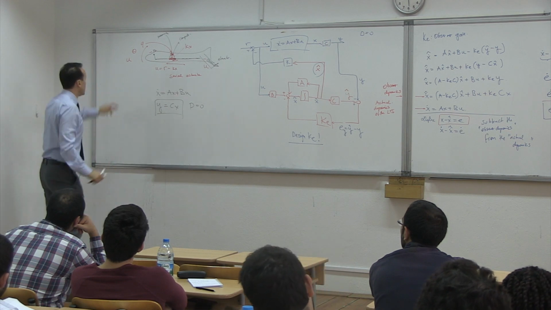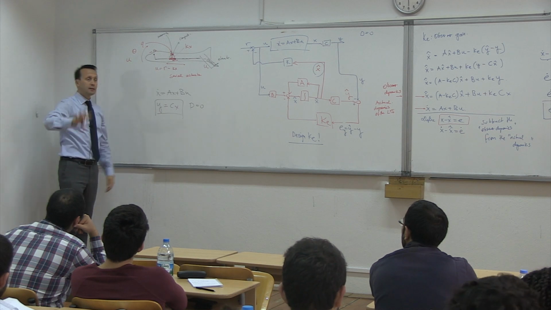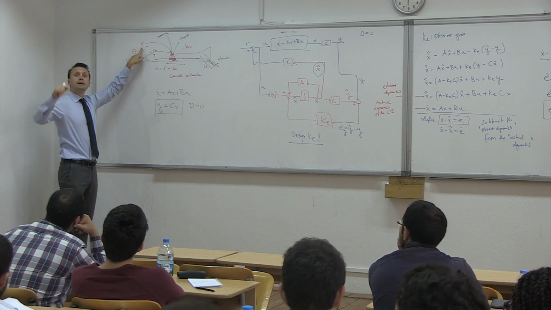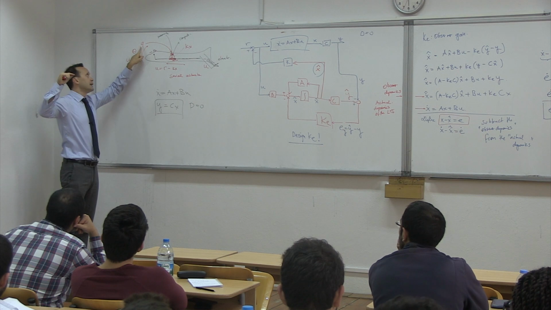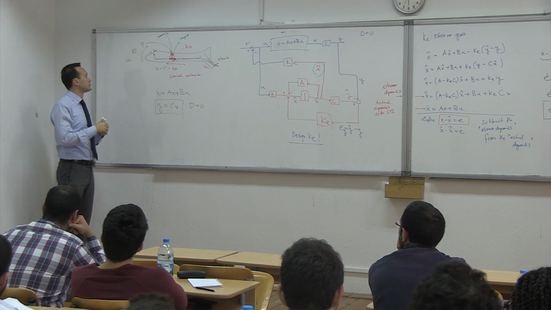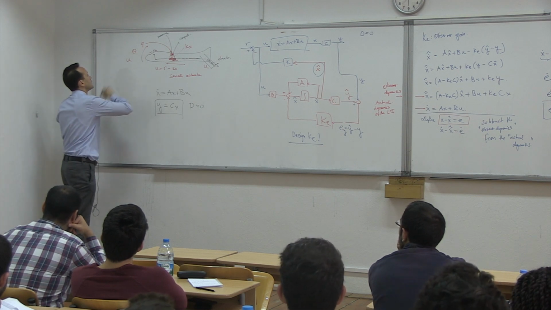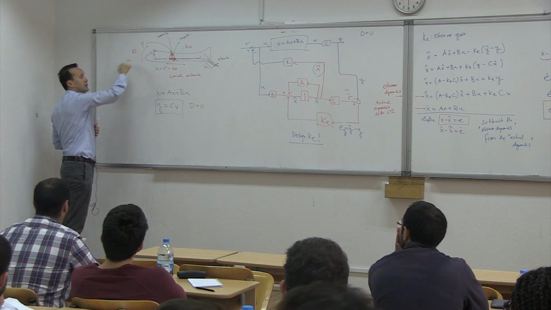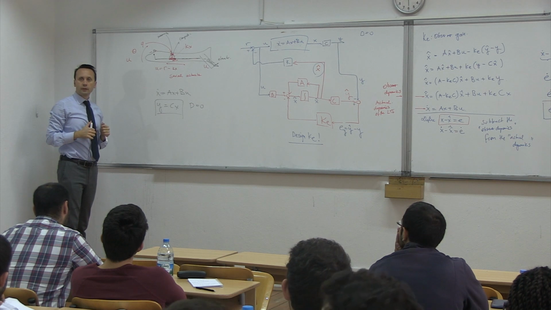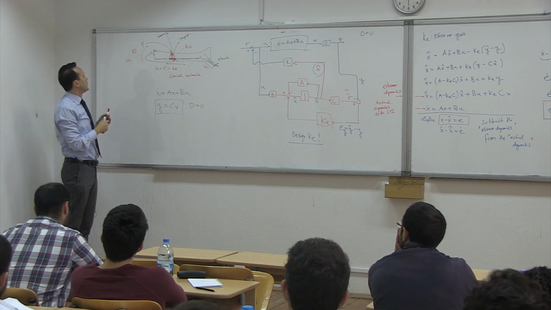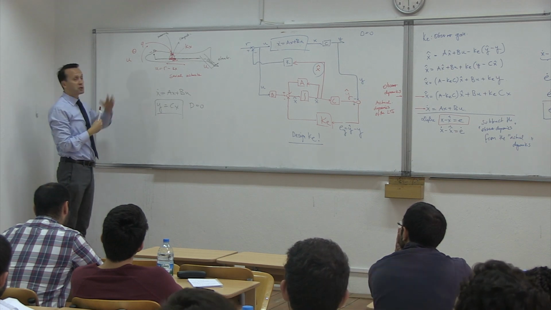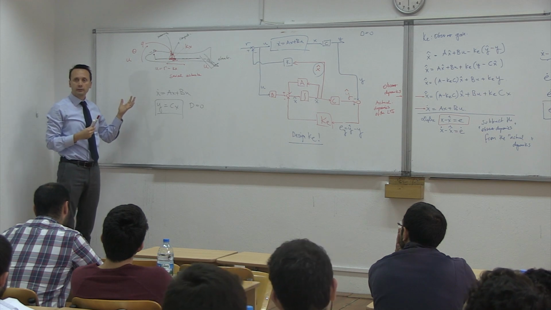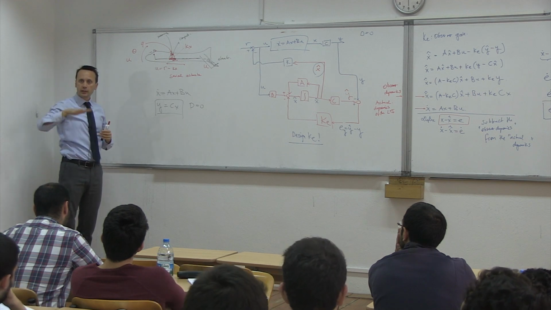For instance, let's say for the longitudinal dynamics, I need these three. What else can I have? I need these three states to describe the motion, let's say, of the aircraft in the longitudinal state.